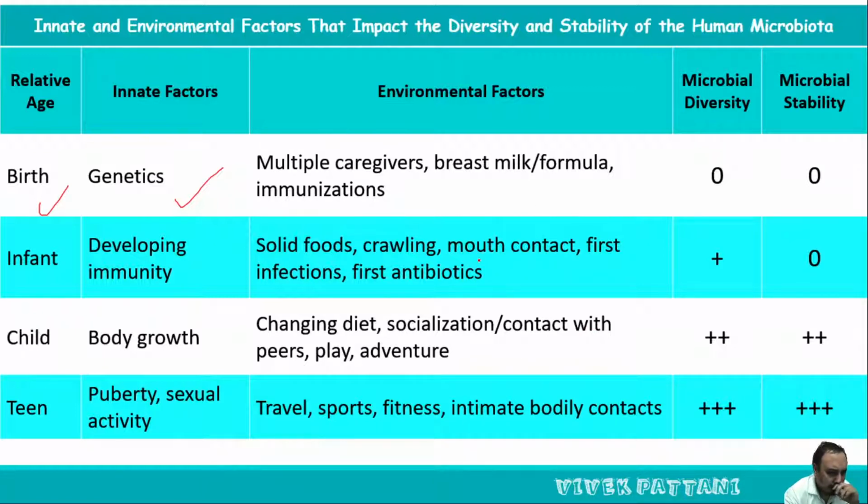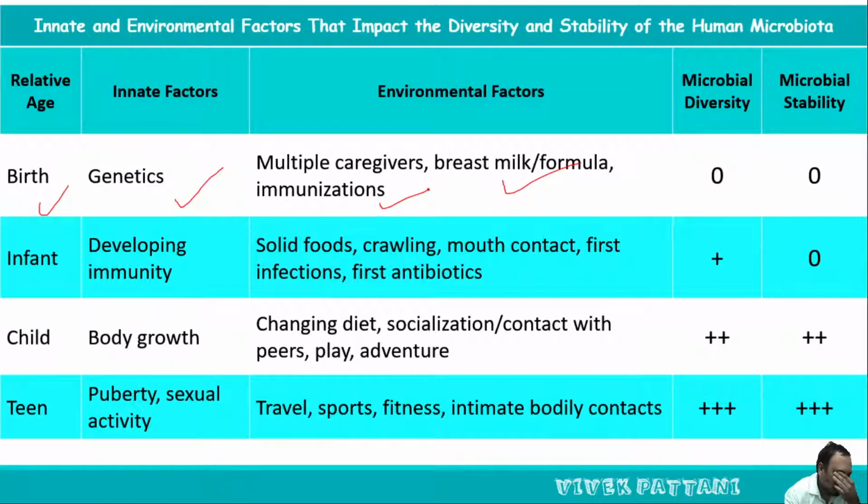And the environmental factors basically are caregivers, the persons involved in care of a child, for example mother, father, grandfather, uncle, or his elder sister or brother, whoever it is. And breast milk, and immunizations such as use of vaccines also.